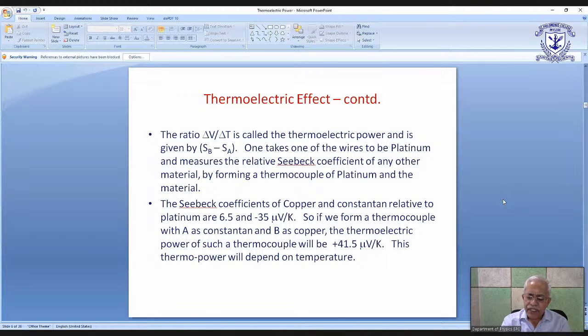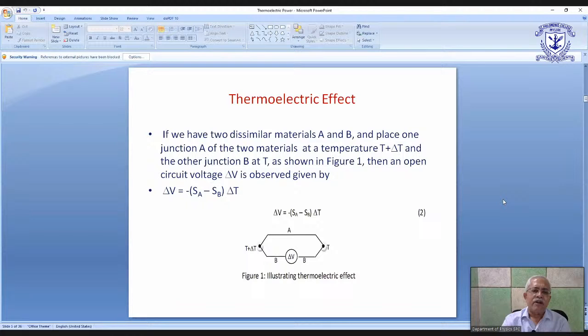Now, with this formula, you may also note that if I somehow fix the value of SA, then by doing the experiment, that is determining delta V for a certain temperature gradient delta T, if I measure delta V and I also measure delta T and I know SA, then I can evaluate the value of SB.